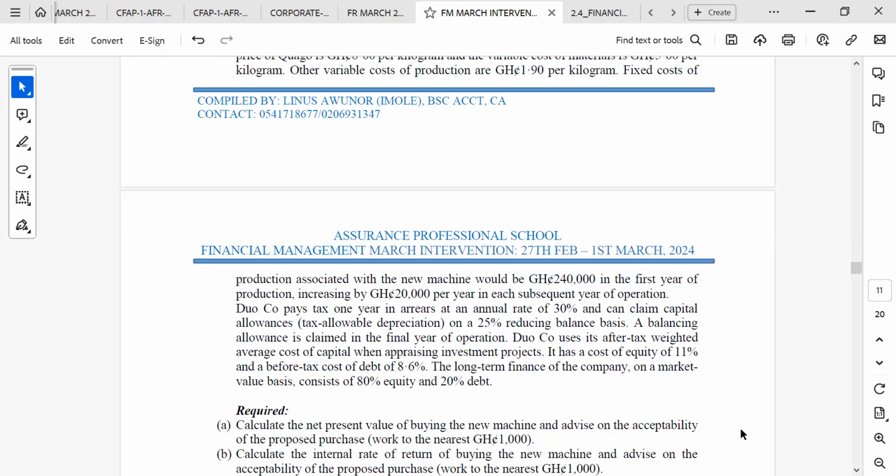It's just your equity plus debt. The equity plus the debt. But for the debt, you take into consideration the tax.